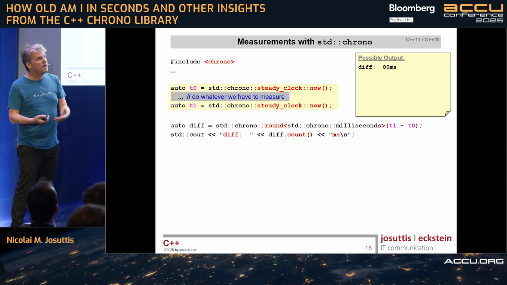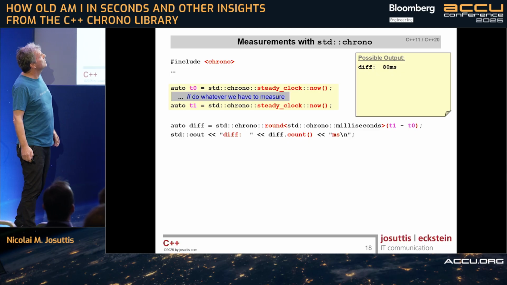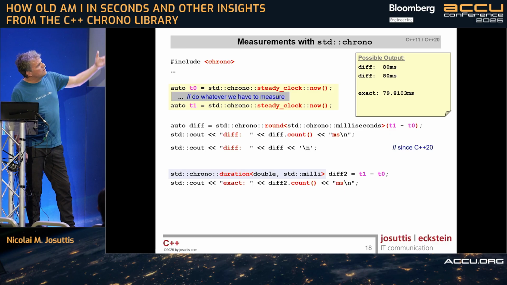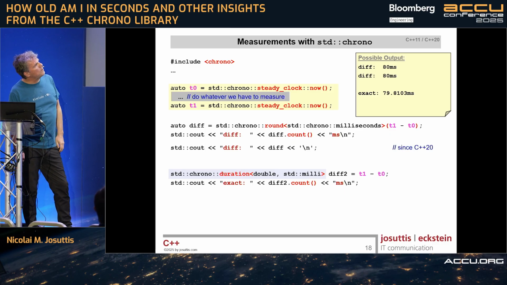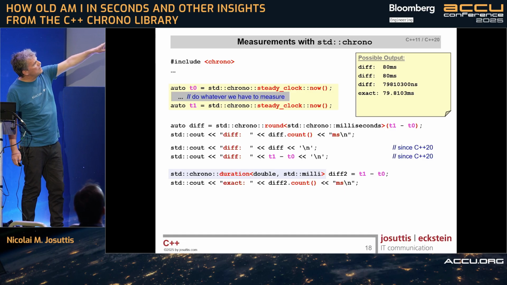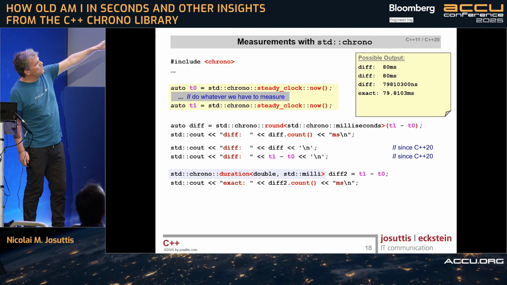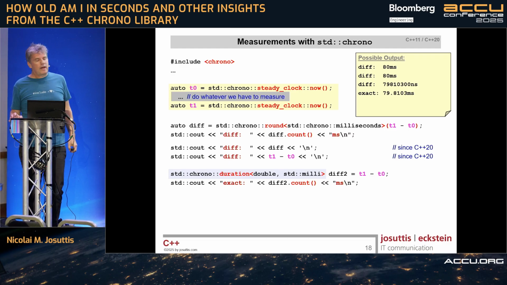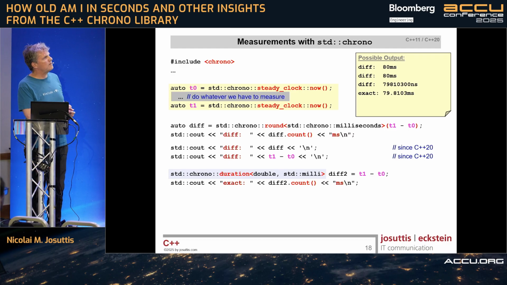You can round that duration to milliseconds, compute the difference, and you can, since C++20, directly write out the difference. And you see here that when you subtract T0 from T1 directly, obviously this steady clock internally uses nanoseconds.